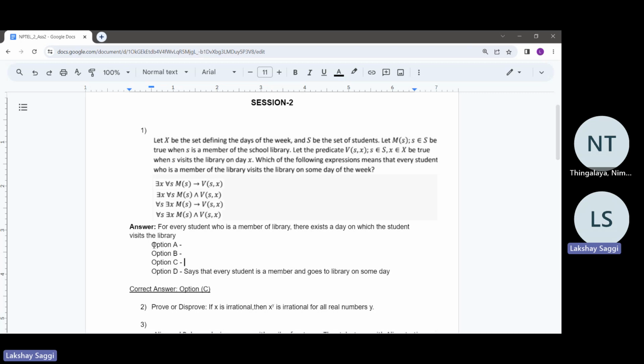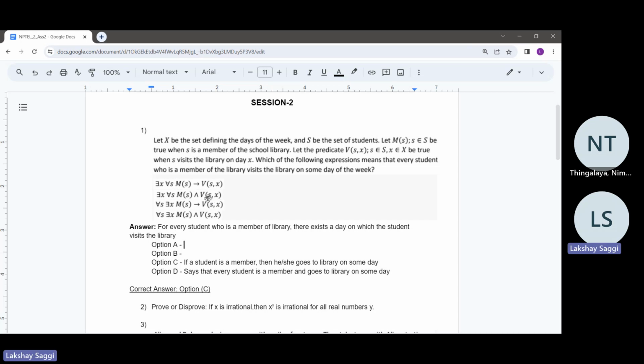And option C is saying that if a student is a member, then he or she goes to library on some day. So these two statements we established, and we have seen that option C is actually the correct answer. Now let's just see this option A here.